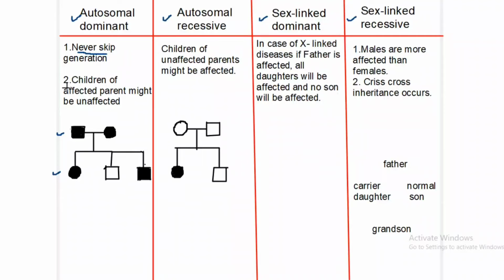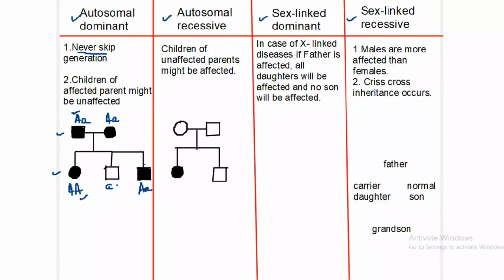And there is a second possibility: the children of an affected parent might be unaffected. Here is one example. If this is the phenotype, and this is the genotype of the parent, capital A, small a, and capital A is responsible for this disease, then the child can be capital A capital A or capital A small a, and they will be affected because they contain the dominant allele.